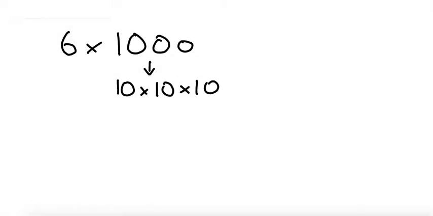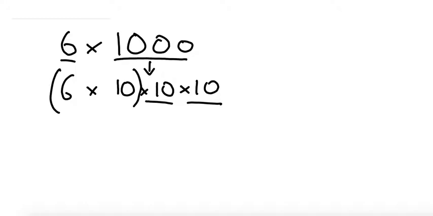So if we break it up like that, and we say, well, 6 times 10, and we multiply that by 10, and then we multiply that by 10, it's the same as saying 6 times 1,000. They're equivalent. So let's do it that way.